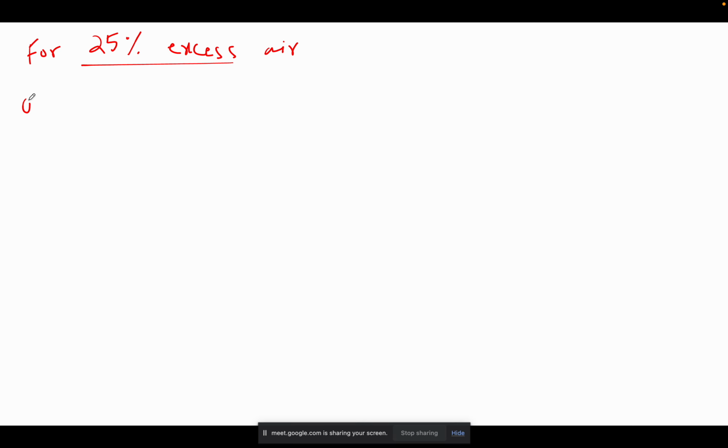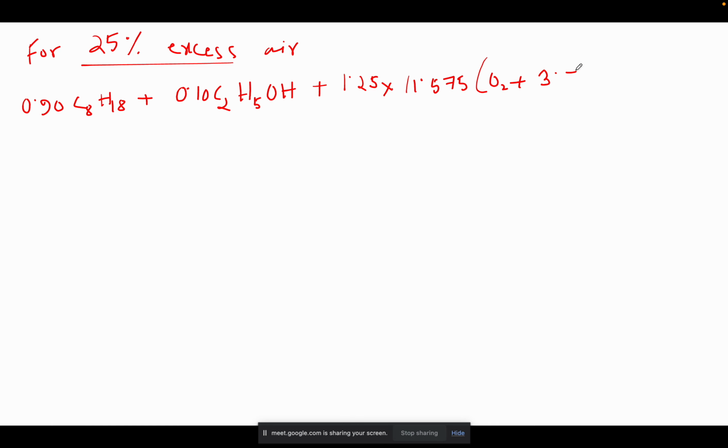okay, 0.90 C8H18 plus 0.10 C2H5OH plus, since 25%, so this will be 1.25 times 11.575 O2 plus 3.76 N2.